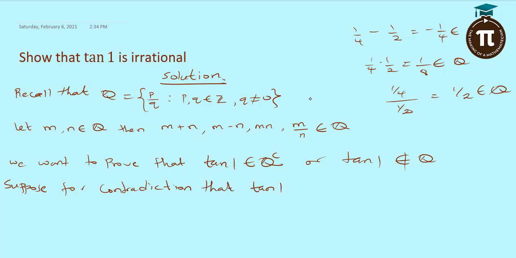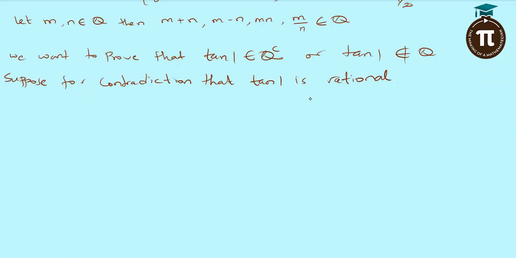tan1 is rational. So tan2, which is equal to tan of 1 plus 1, and we know the addition formula for tan. This is equal to 2 tan1 all over 1 minus tan square 1.